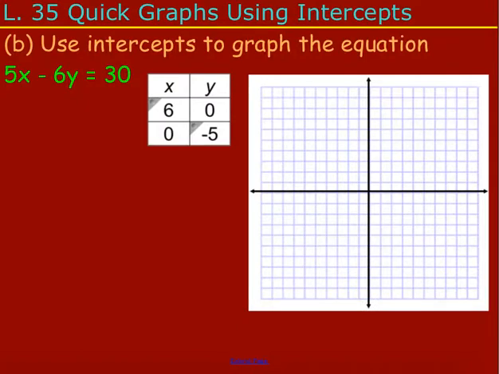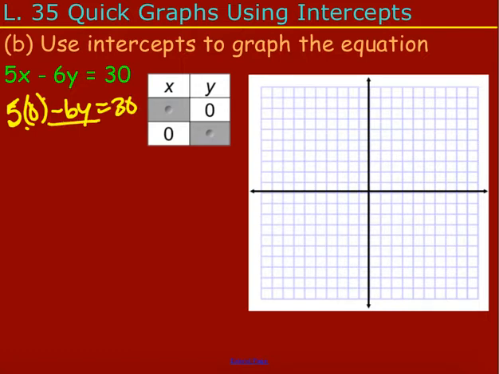All right, so if we have 5x minus 6y equals 30, we can make our intercepts pretty easily at this point, and we would say, all right, 5 times 0 minus 6y equals 30. So we would divide by negative 6 and get that y is negative 5.